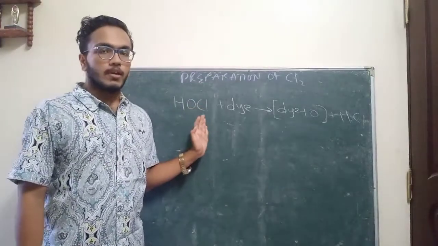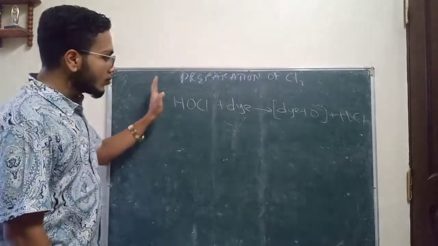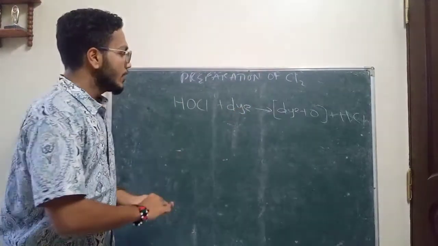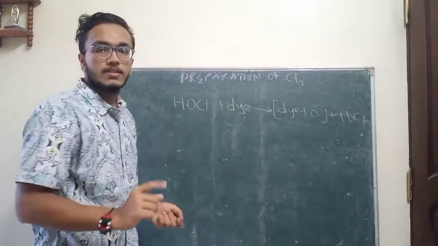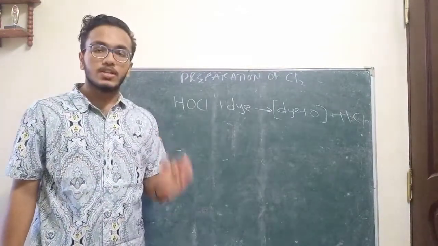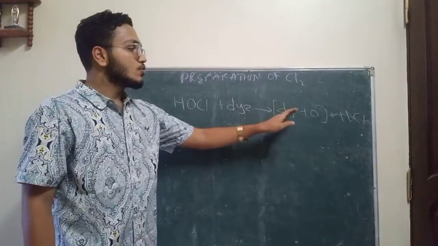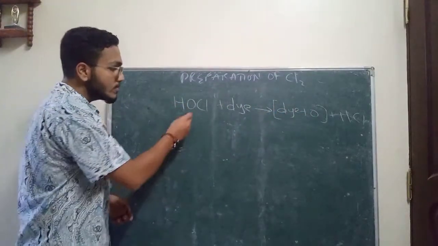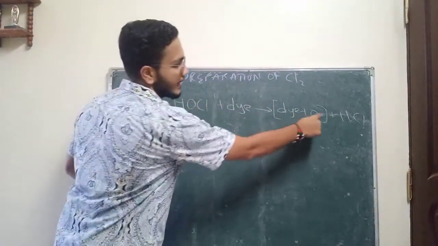What am I representing by this? HOCl is the bleaching agent. Dye is the one which is being bleached. Now HOCl bleaches dye by oxidation. The bleaching action of chlorine is by oxidation. So dye gains oxygen, it is oxidized by HOCl, which loses this oxygen, it gives it to dye and HCl.